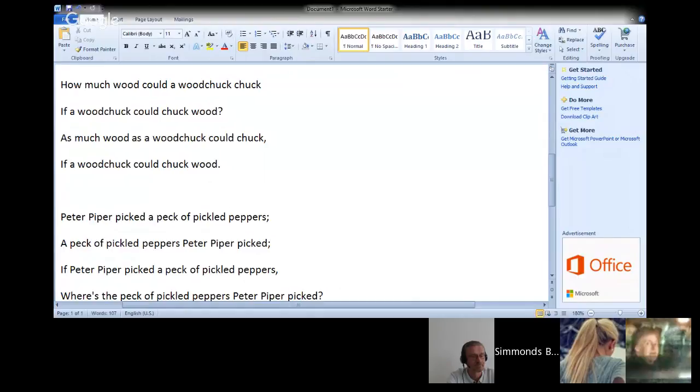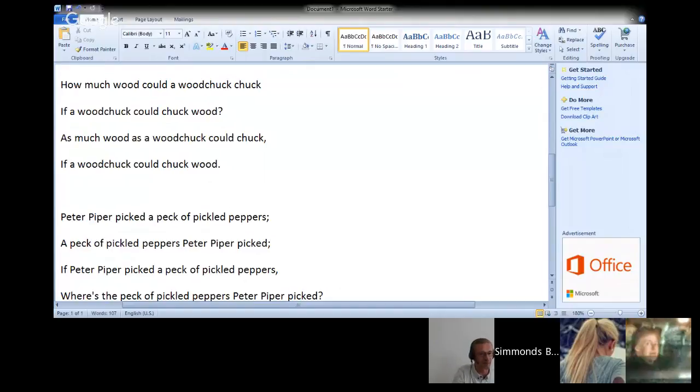Because if you translate this sentence, how much wood could a woodchuck chuck if a woodchuck could chuck wood? Assuming that a woodchuck could chuck wood, how much would they be able to chuck? Exactly. That's what it's saying.